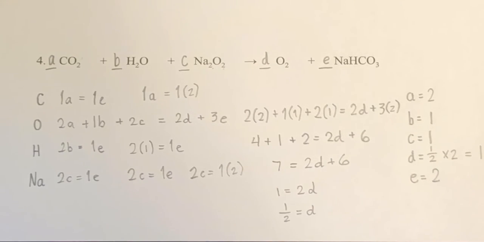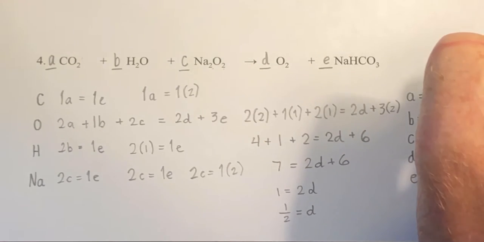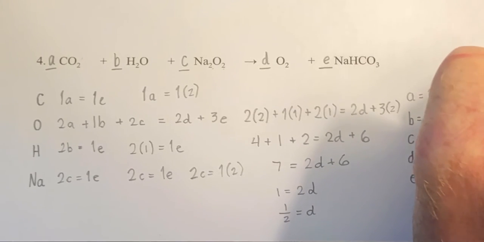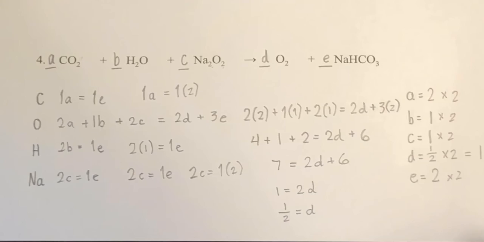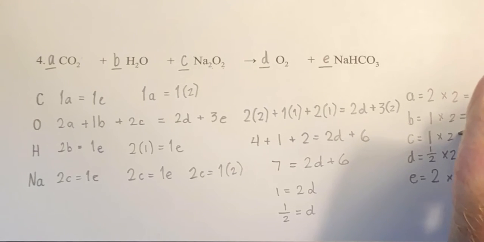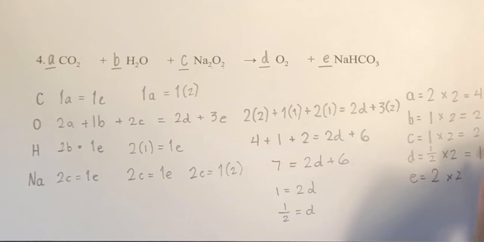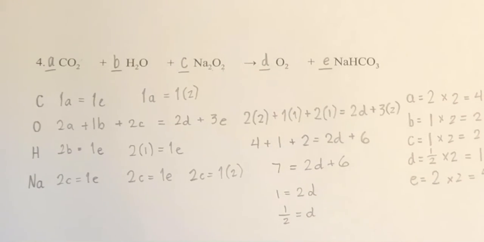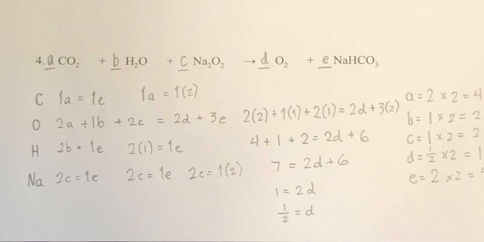But since we've done it to that variable, we also have to do it to the others. Which means my a is going to become a 4, my b is going to become a 2, my c is going to become a 2, and my e is going to become a 4. And I get the variables 4, 2, 2, 1, and 4.